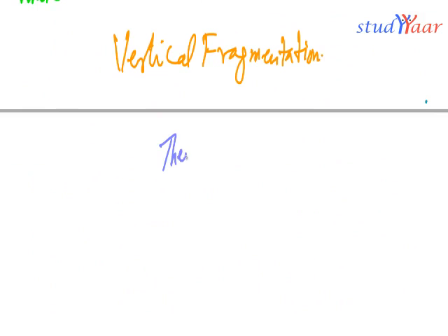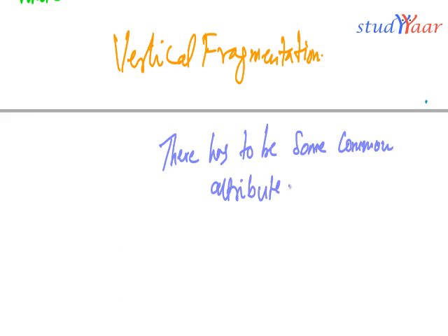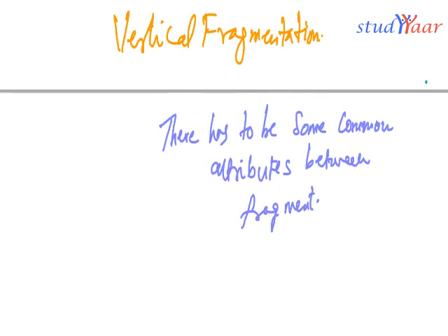Just understand over here, in vertical fragmentation there has to be some common attributes between different fragments. Why do we need this? Because if you do not have a common attribute, then you won't be able to take the join.